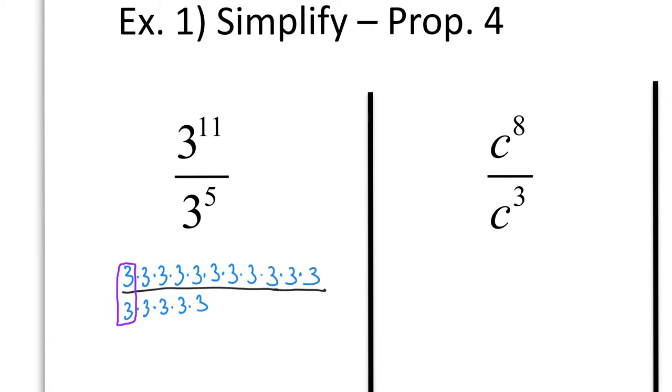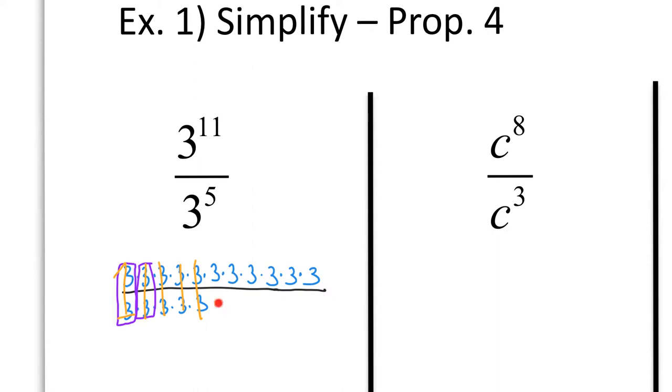So 3 divided by 3 is 1. Notice the next one, 3 divided by 3 again, it's also 1. And the next one, 3 divided by 3, it's also 1. The next one, 3 divided by 3 is 1. And the next one, 3 divided by 3 is 1.